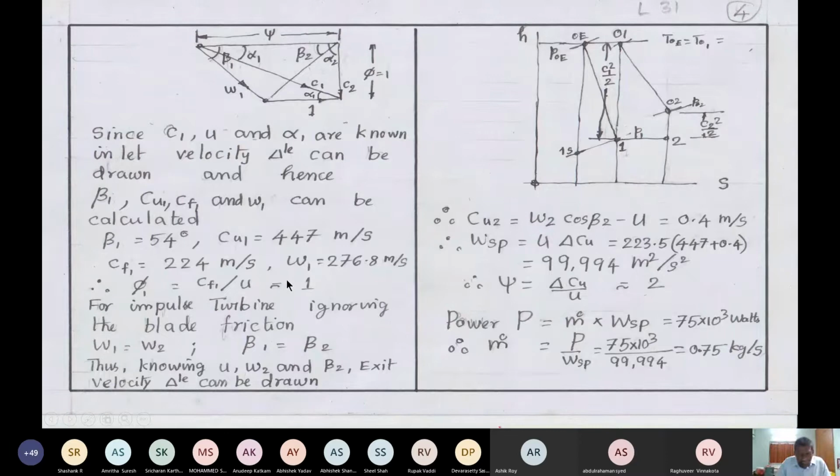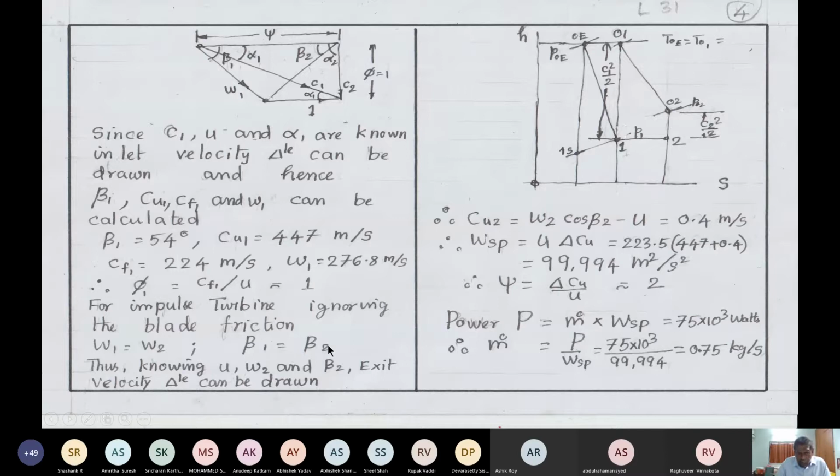Then for an impulse turbine, ignoring the blade friction, W1 is equal to W2. Usually, in many problems, this ratio W2 by W1 will be given as some 0.8 or 0.9, which is the friction coefficient for the blades. Here we assume it to be 1, then only beta 1 equals beta 2.